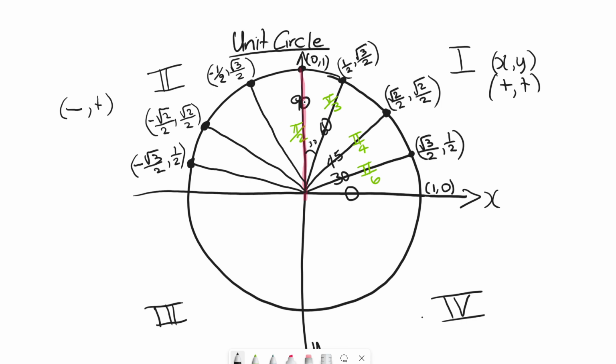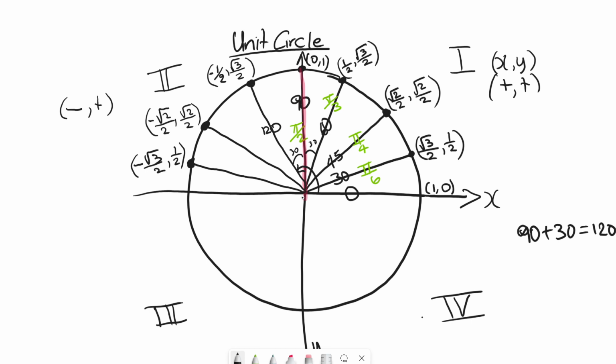So between 90 and this angle here, we should have 30 degrees as well. So if I want to know what this angle is, I would do 90 plus 30. And so that's going to give me 120. So that means that this angle is going to be 120.